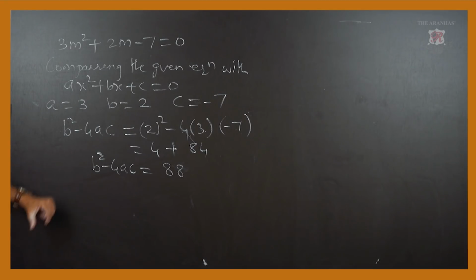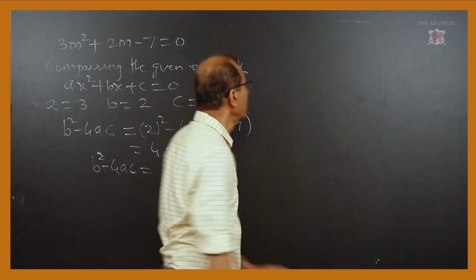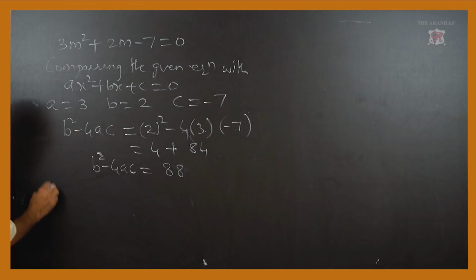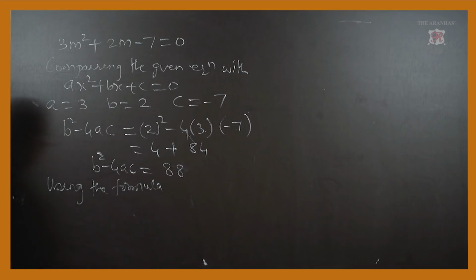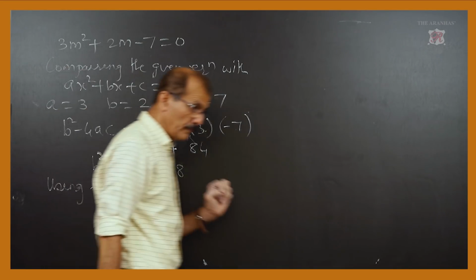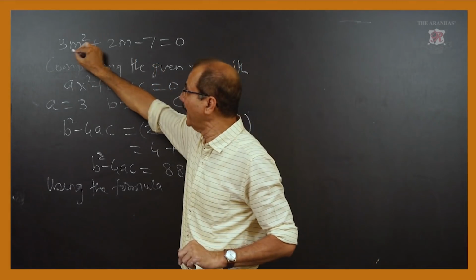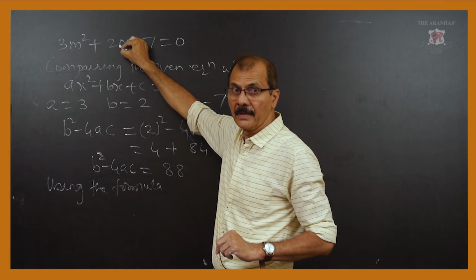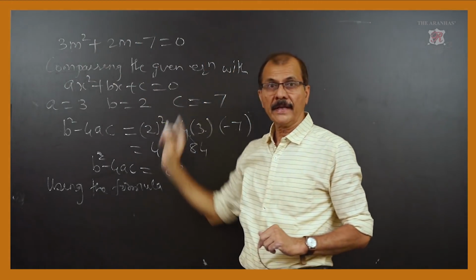Now, once you get this, then you say using the formula. Now, using the formula, my equation is in terms of m, my variable is m. So, whatever variable is there, you have to write down that variable.